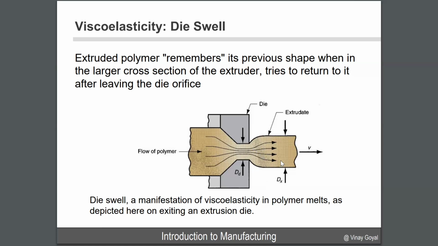That's the manifestation of viscoelasticity in polymer melts, where the material increases in size after it goes through a die, because it remembers the polymeric cross-linking that had occurred previously.